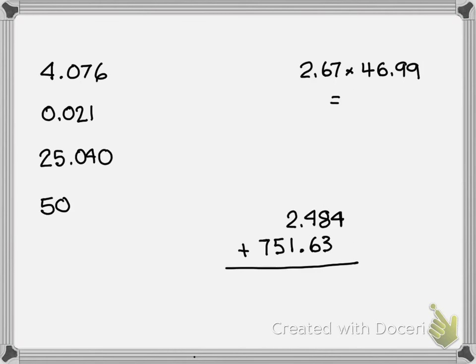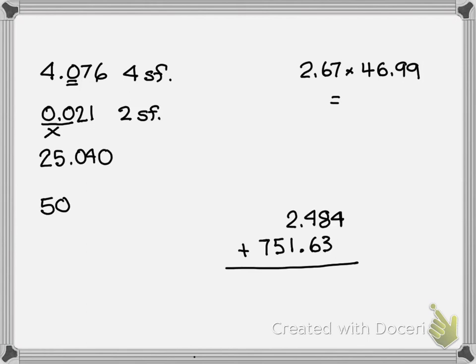So how many significant figures in this one? As we go down, the 4.076, this 0 is significant because it's in between, so I have 1, 2, 3, 4 significant figures. In this second one, the zeros are not significant because they come before, so that would just be 2 significant figures. Here I have 2 zeros.